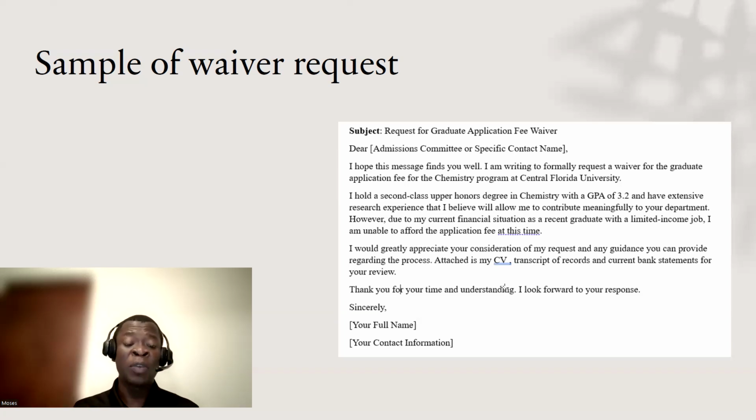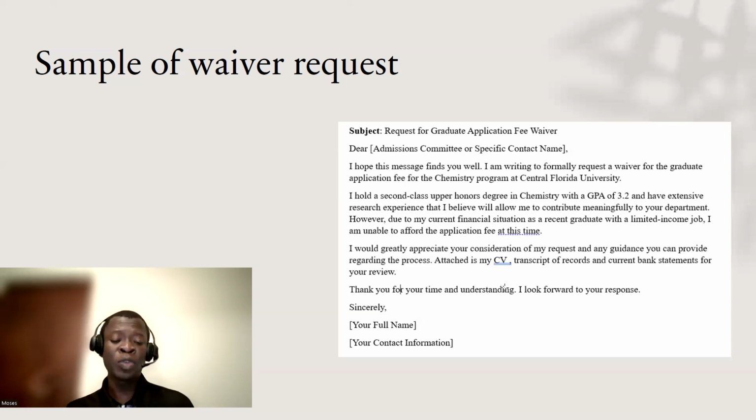But I believe that you cherish the talent and the experience I'm bringing into the university rather than the money I'm paying. So I believe that you want to give me the opportunity. You don't want me to be screened out of the admission process just because I don't have money.